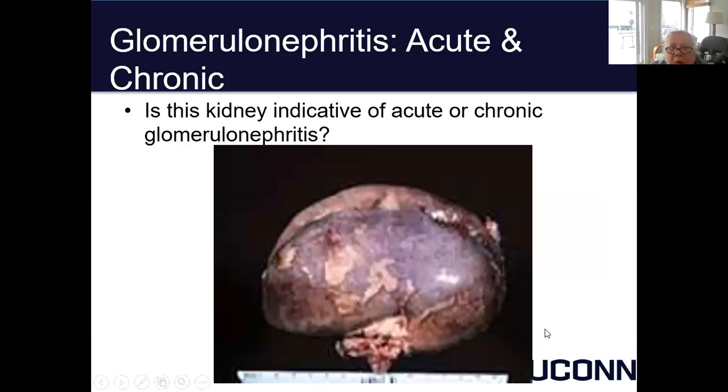Glomerulonephritis. Now, we know anything with an itis at the end means inflammation, and glomerulonephritis is inflammation of the glomeruli, and it can be acute or chronic. Often shows up as enlarged kidneys on either x-rays, ultrasounds, or CAT scans.